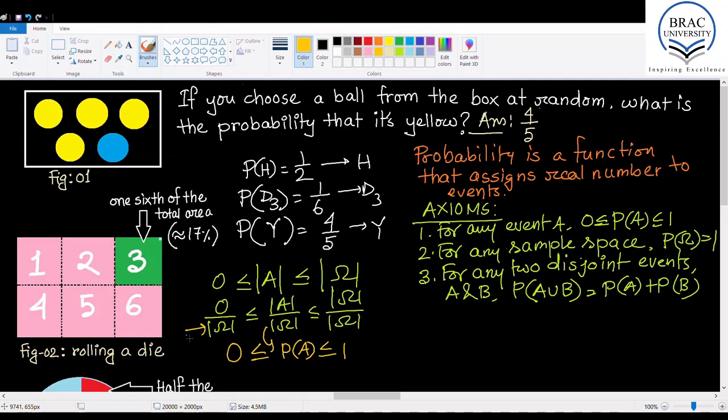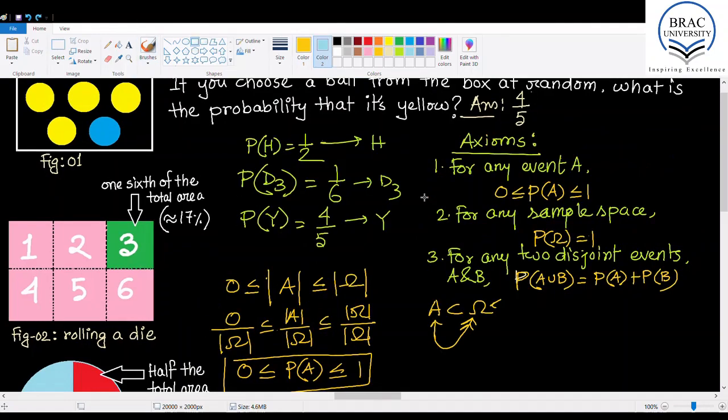Now let's try to realize what these inequalities actually mean from the Venn diagram. So in figure 2, we are trying to represent the sample space of the experiment of rolling a die with a rectangle. It has all the outcomes in it, 1 2 3 4 5 6, in the form of smaller sets or smaller events like rectangular cells.